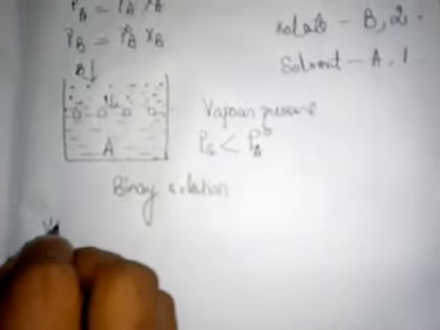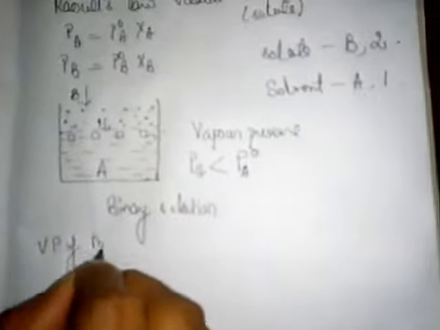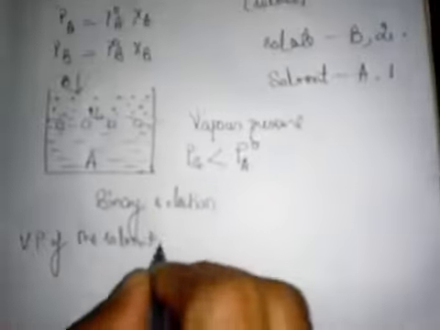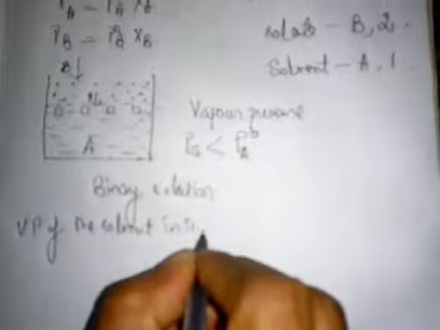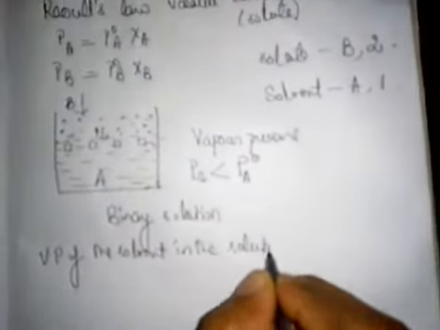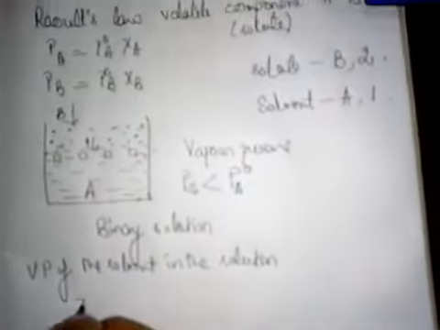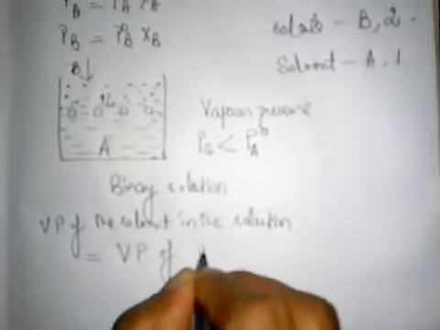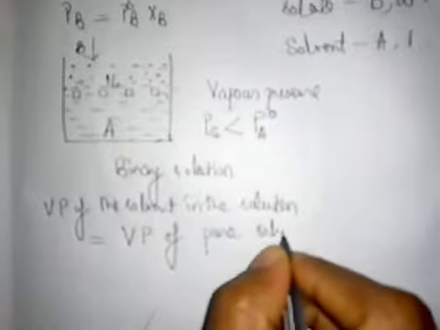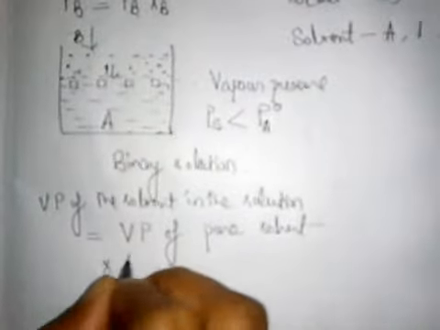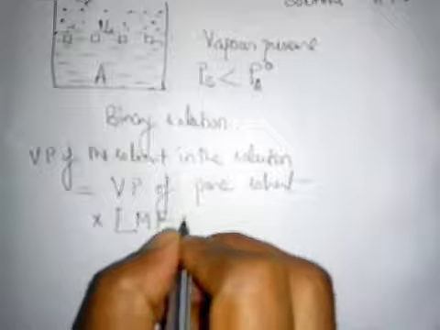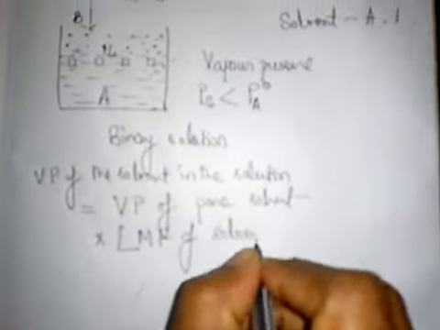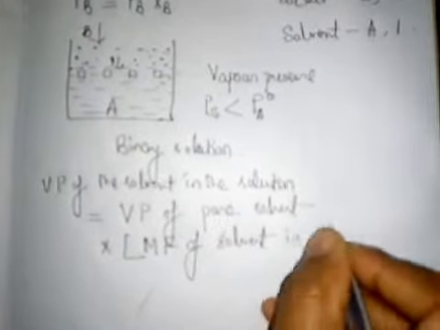We can write vapor pressure of the solvent in the solution is equal to vapor pressure of pure solvent into mole fraction of solvent in solution.